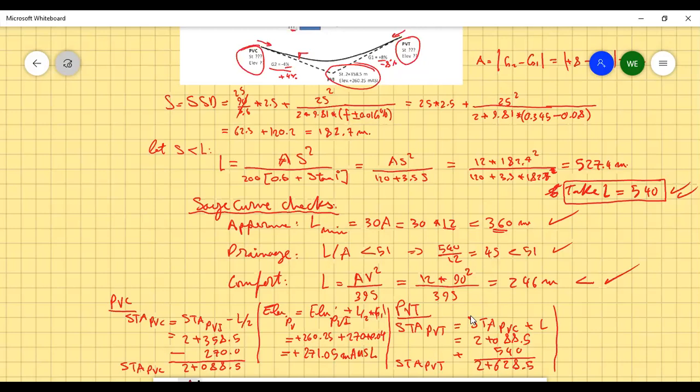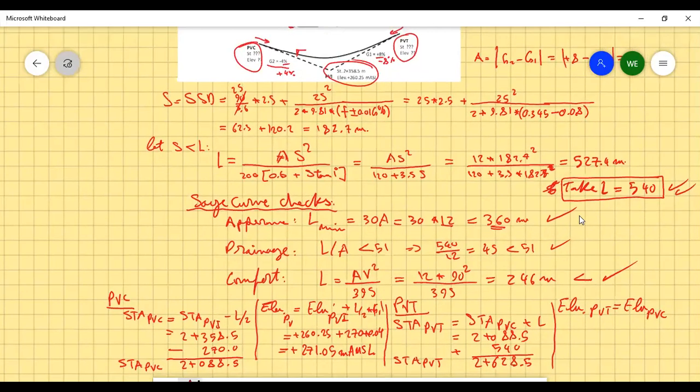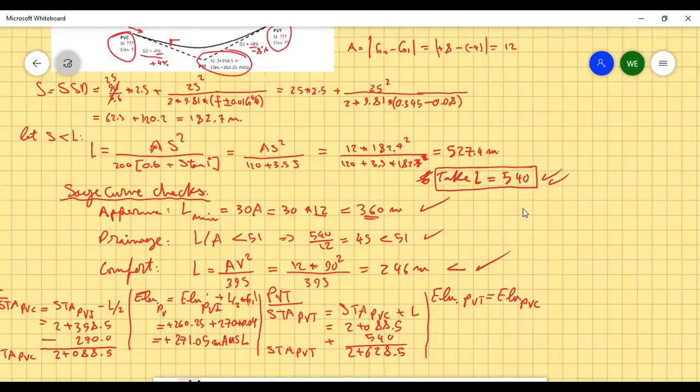And we'll do the same here for the BVT. The elevation for BVT equals elevation of PVC plus L over 2 multiply G2.